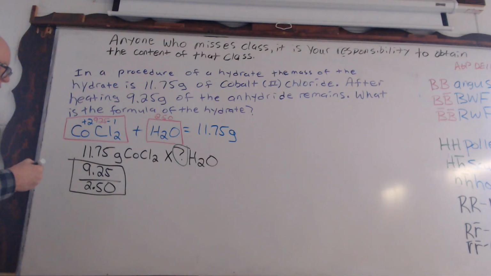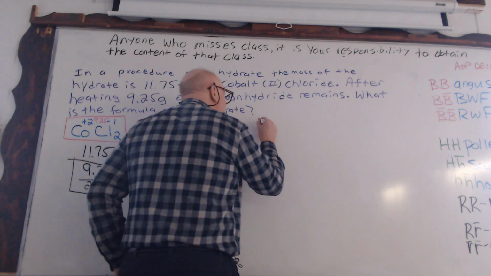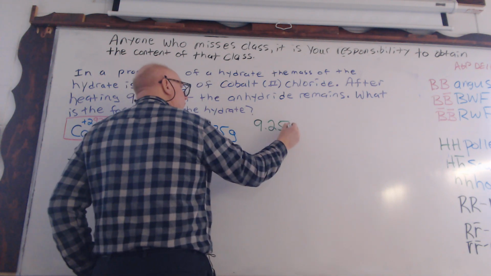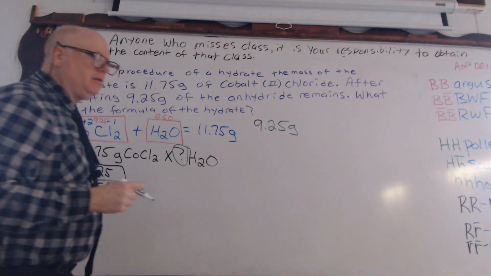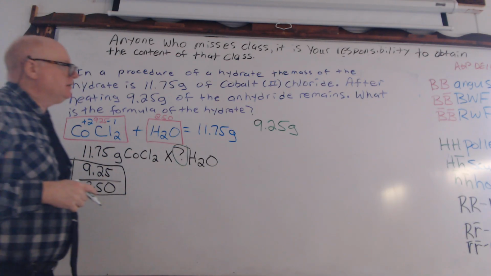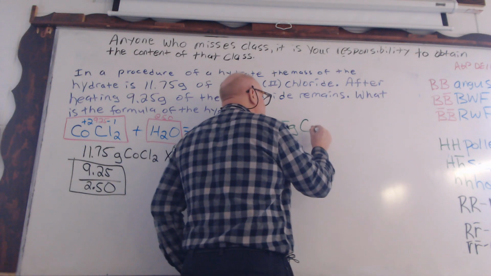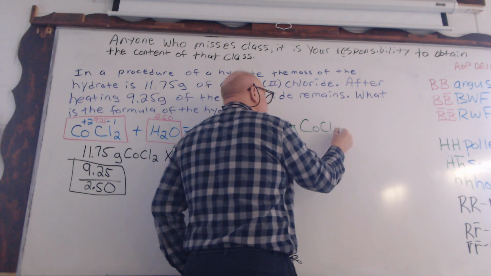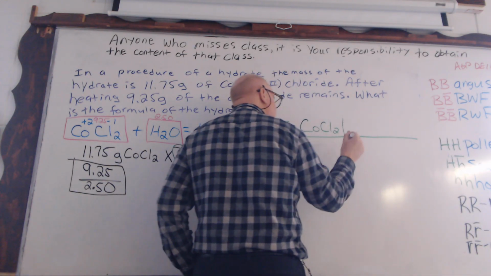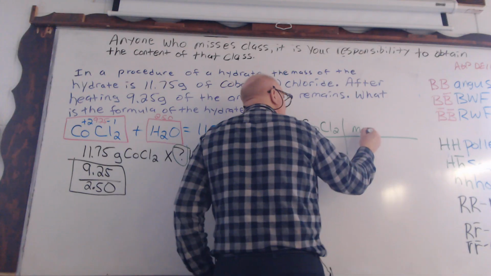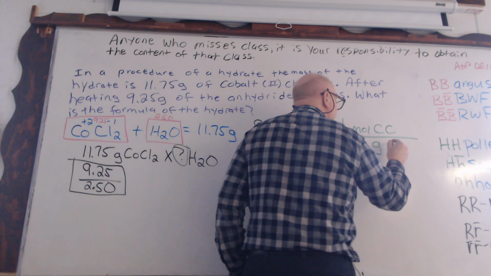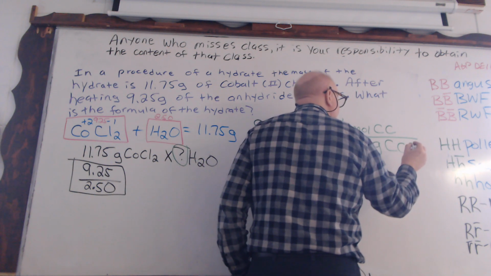So we would take 9.25 grams of which one? Well, we put a box around here, so that must be significant. Okay, so we would change this to, for every mole of cobalt chloride, we must have in our molar mass grams of cobalt chloride.